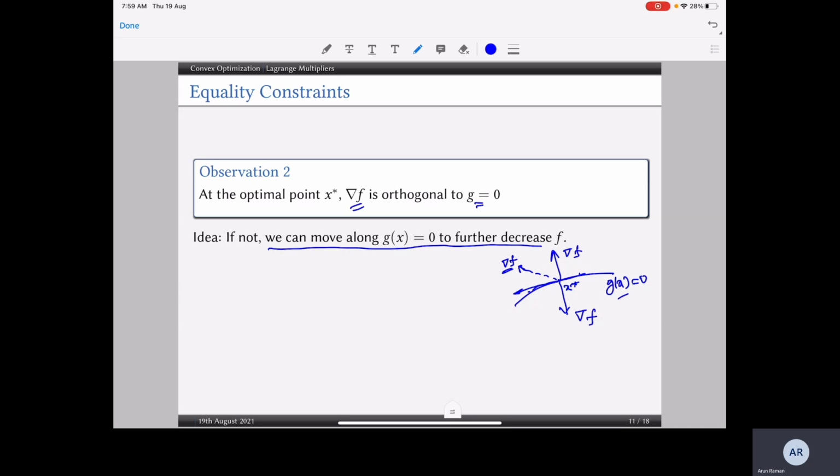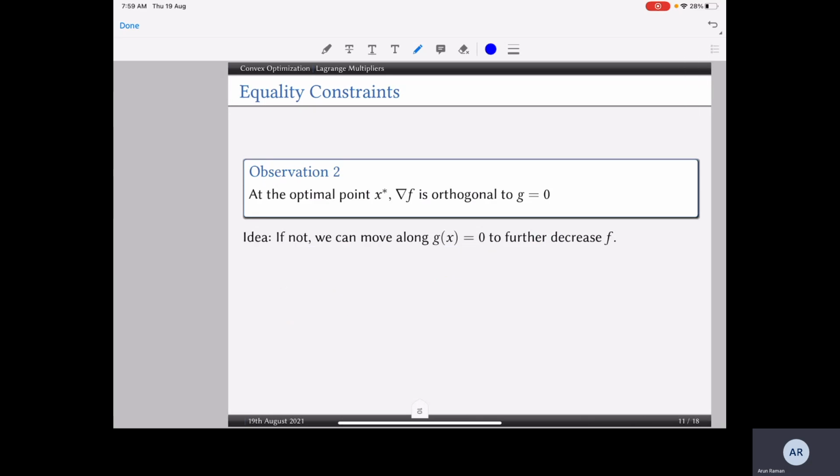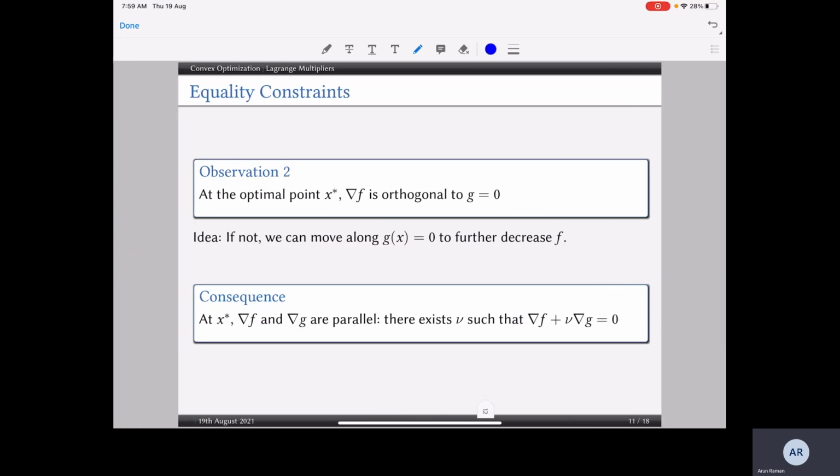Okay, so we can combine these two observations to get something like this. What we have from observation 1 and observation 2 is that the gradient of f and the gradient of g both are orthogonal to the surface g(x) equal to 0.